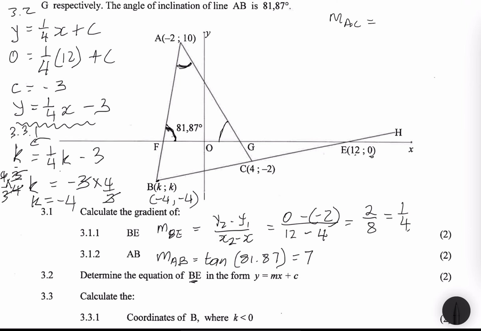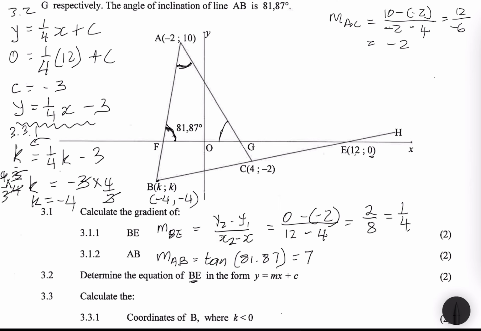So the gradient of AC, I think we had not obtained that as yet. We would say that is y2 minus y1, so that's going to be 10 minus a negative 2, divided by x2, which is minus 2 minus 4. So that's 12 divided by negative 6, and we know the gradient is negative 2.